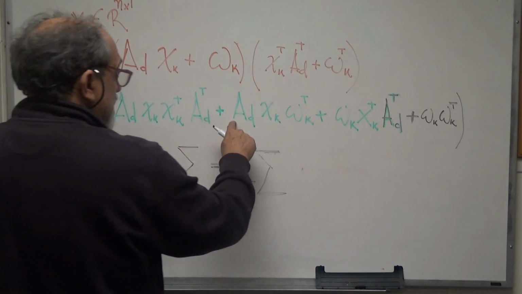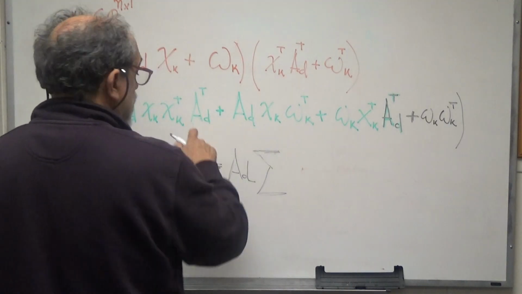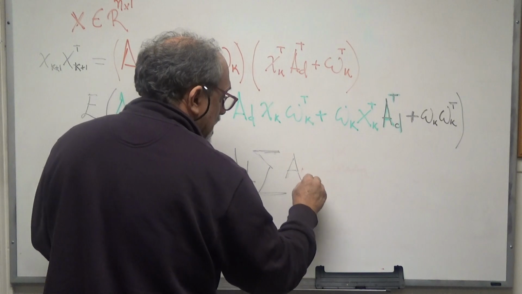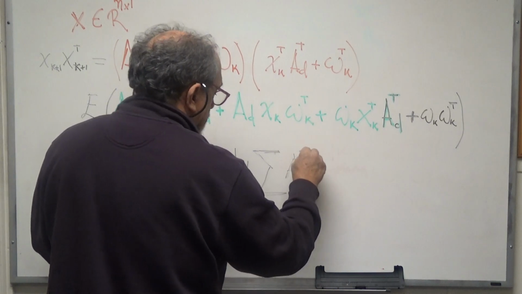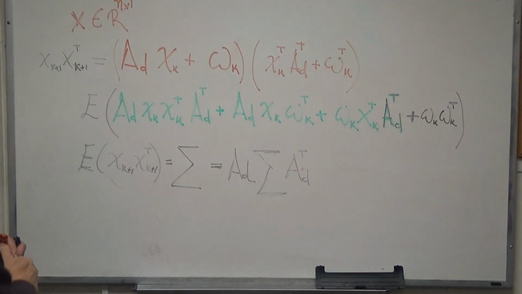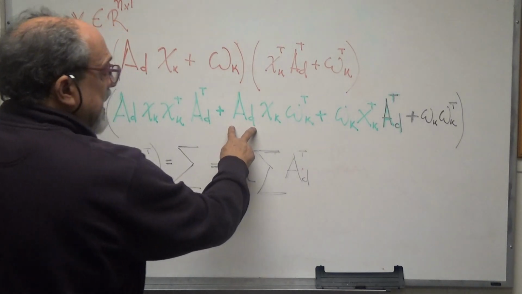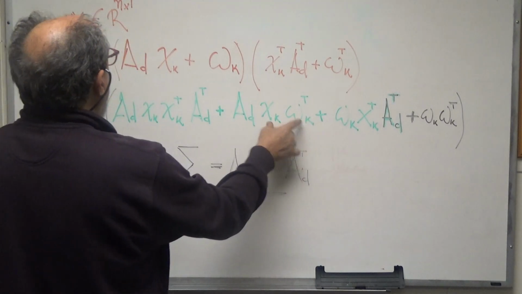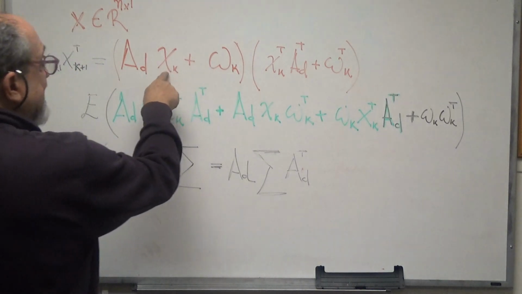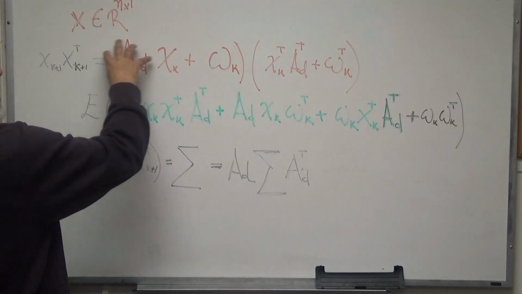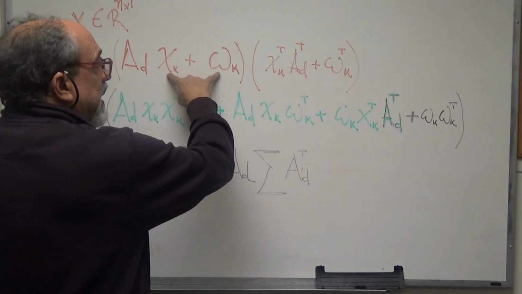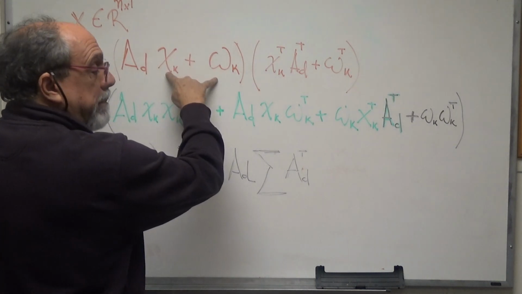This term here, I'm sorry, and then AD transpose, right? Now this term here is the expectation of the product of the state and omega k. Now we can see that the state at k, if you look at this equation, cannot be influenced by omega k because they are at the same time.